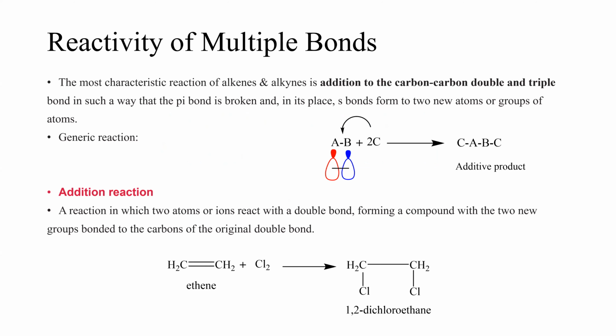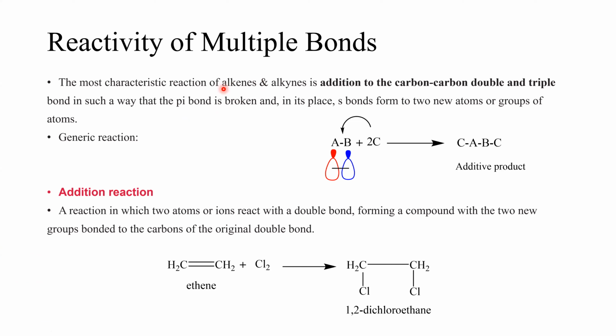So currently, firstly, we will talk about the reactivity of multiple bonds, and that involves alkenes and alkynes both, the double bond and the triple bond. So the most characteristic reactions of alkenes and alkynes, unlike the alkanes, which all have sigma bonds and each carbon is surrounded with the maximum number of hydrogens.